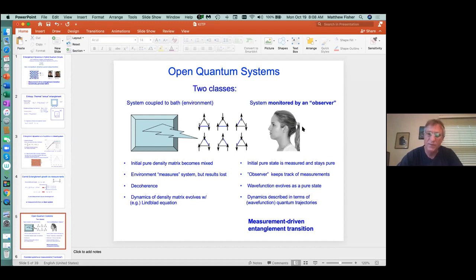And the observer who makes those measurements keeps track of them. And so the wave function evolves as a pure state. The dynamics can then be described not by a Lindblad equation for the mixed state density matrix, but in terms of the quantum trajectories of pure state wave functions. And it's in this second type of open system that I want to focus on in the rest of the talk, where one will see there's a measurement-driven entanglement transition.